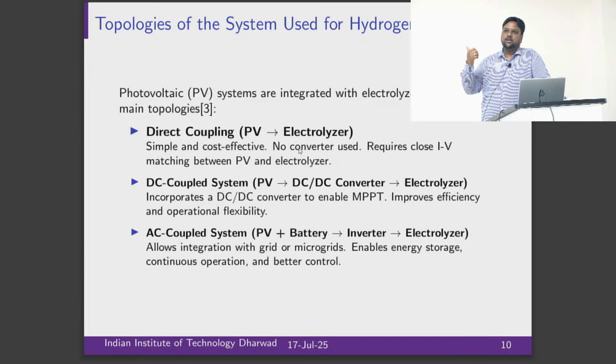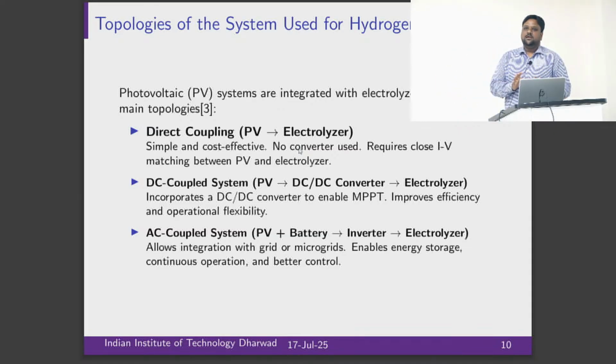If you draw a curve between VPV and IPV, with the open circuit voltage and short circuit current, and then plot the output power generated from the solar PV against the voltage, you will see the curve starts from 0, goes to a maximum point and then falls again to 0 power.